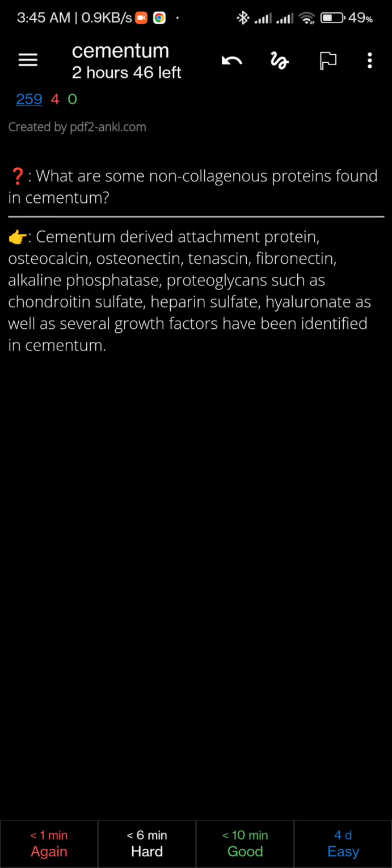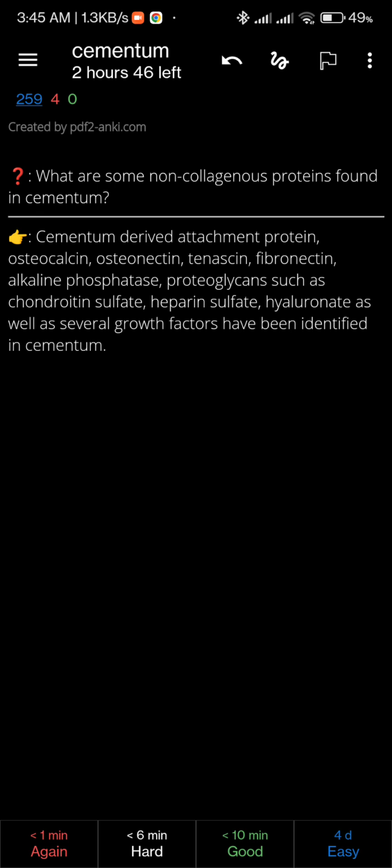So we have cementum attachment proteins like osteonectin, osteocalcin, fibronectin, and tenascin.